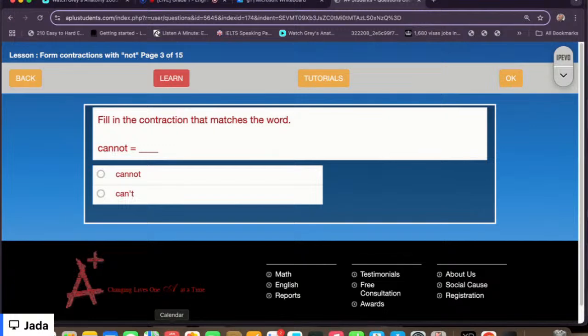So it is, what about cannot? So can't. Two. Okay, so hasn't. So this is hasn't.